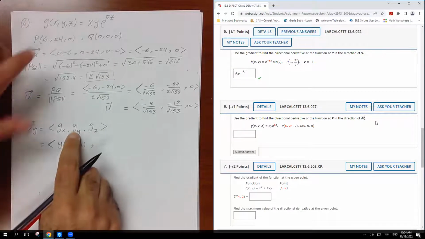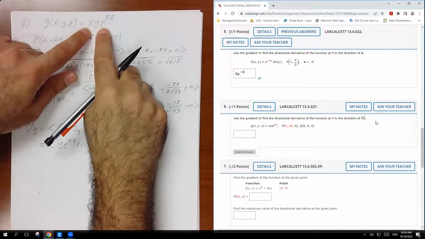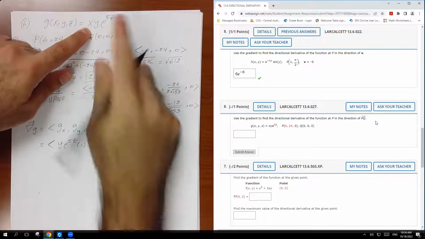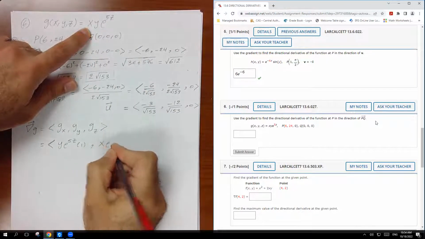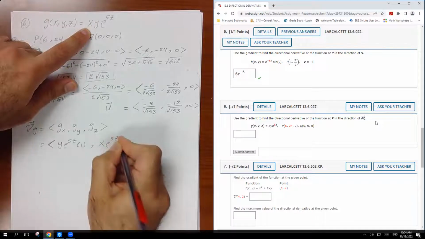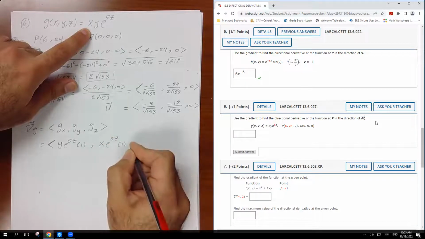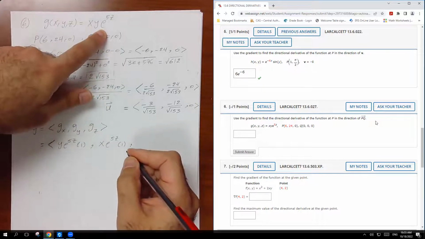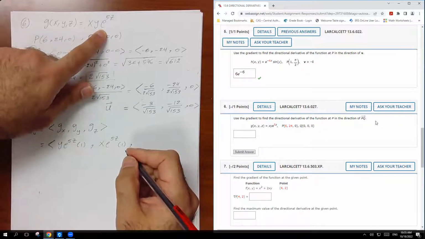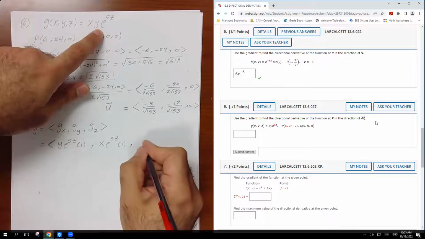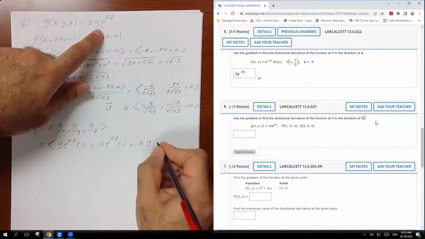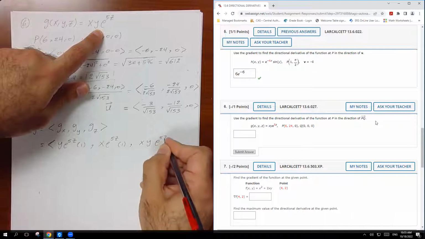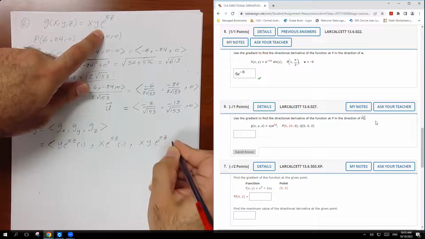G sub y, now x and e^(5z) is a constant. So it's going to be x e^(5z), and the derivative of y is 1. For the z, that means x and y are constant. So it's going to be xy e^(5z) times the derivative of 5z, which is 5.